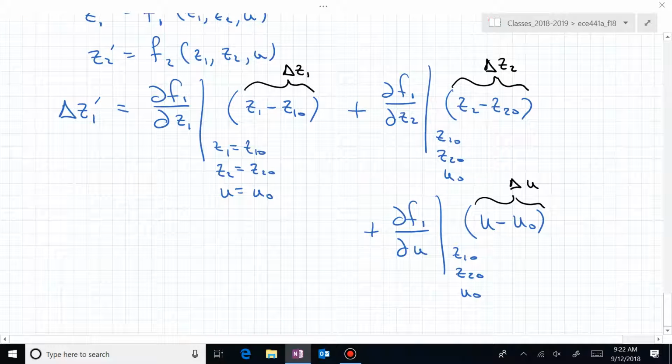Is it clear where this came from or how we found this? Now we should be able to automatically write down the second one. It's the same structurally, it just involves f sub 2.